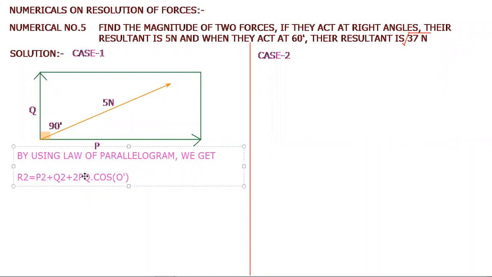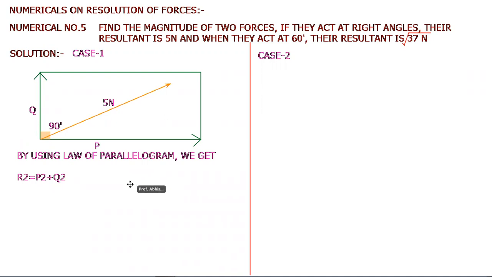So therefore, you can write down here cos of 90. Okay, and you know that cos of 90 is equal to sine of 0, and sine of 0 is equal to 0. So therefore, 2 pq cos of 90, this whole term becomes 0. So is equal to plus 0. Therefore, r square is equal to p square plus q square is our expression, right?